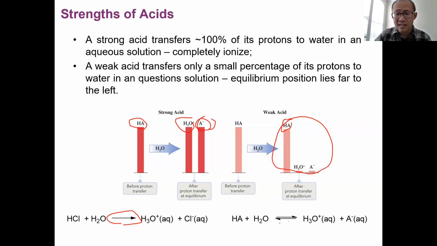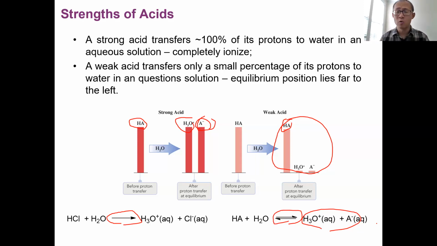For those acids, in the equation we use a double arrow because the reaction is reversible. In fact, the reversible reaction favors the reactant, because only a tiny percentage becomes these two ions. We call those acids weak acids. Like I said, most acids are weak acids.